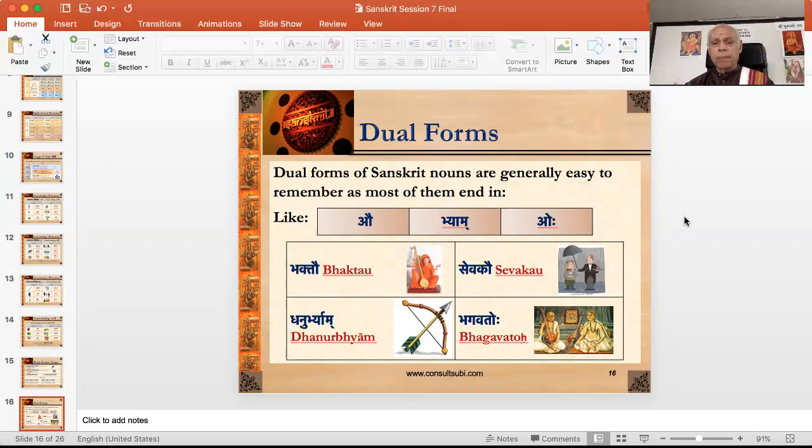Dhanurbhyam means two bows. Bhagavataha, devotee of Bhagavan. Bhagavatoho means two devotees. So you can use au or bhyam or oho for dual forms. That is how you find most of the dual forms in Sanskrit, and they're generally easy to remember.